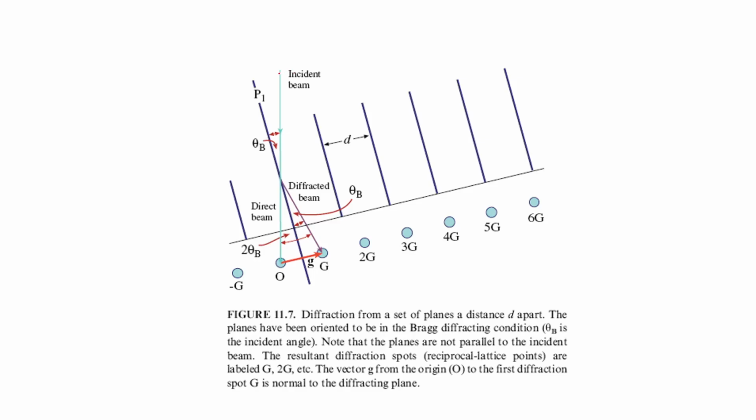So if this is your incident beam and it falls on this plane, then a certain amount of it will get diffracted, and if it goes undeviated, it will follow the direct beam path like this one. So the difference between this point O and point G is basically your G vector, which we initially told as 1 by d.